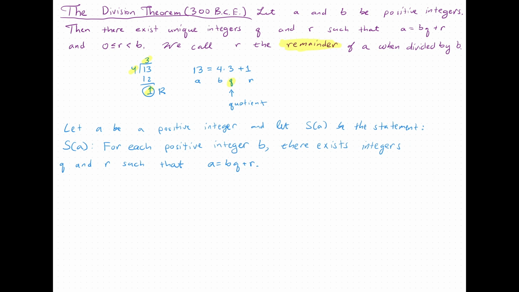Now, the thing about the proof is that it is induction, but it's not an induction argument in the way that we introduced in our previous video when we discussed induction. We're not proving a formula, but now we're doing this in this statement here and showing that this statement S of A is true for every positive integer a.